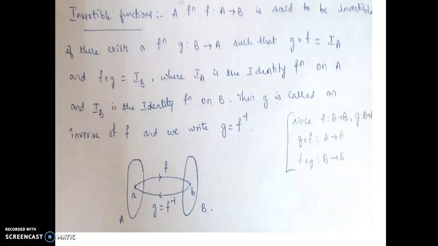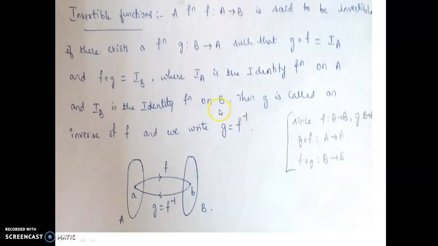A function f from A to B is said to be invertible if there exists a function g from B to A such that g of f is equal to I_A, and f of g is I_B, where I_A is the identity function of A, and I_B is the identity function of B. Then g is called an inverse of f, and we write g is equal to f inverse.